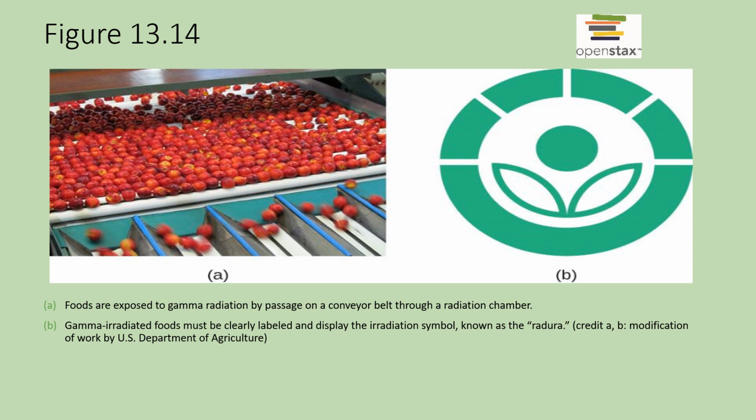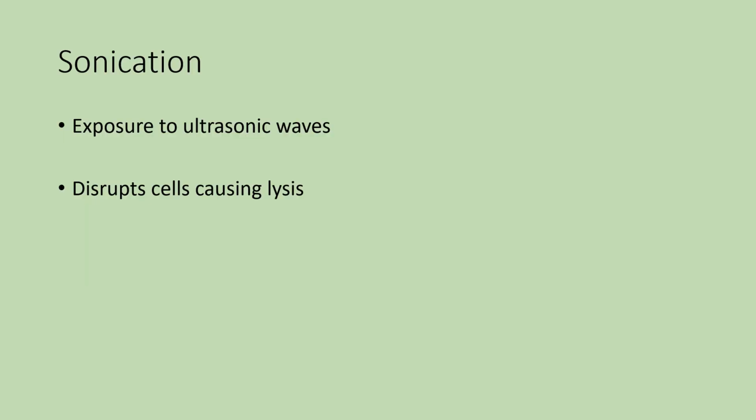They are required in the U.S. by the USDA to put the sticker on it, as you see on the right, on any item that has been treated with gamma irradiation as a means of trying to inhibit the growth of microorganisms on it. Sonication. This is exposure to ultrasonic waves. It's going to end up causing the cells to lyse or burst.